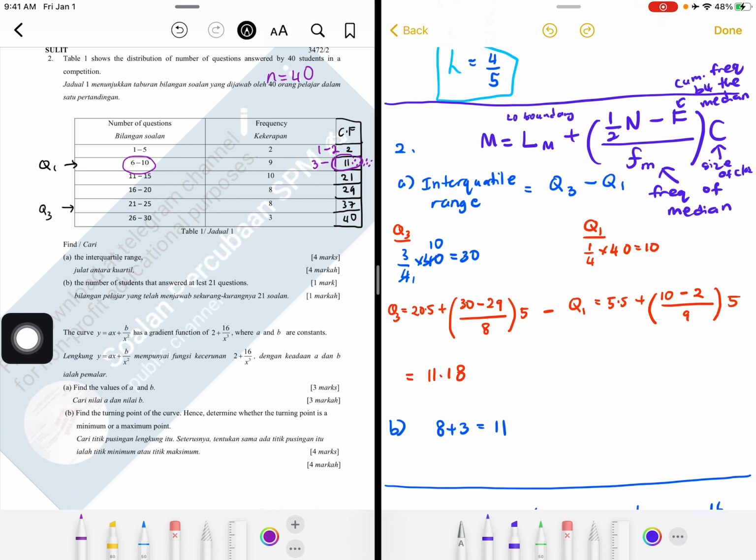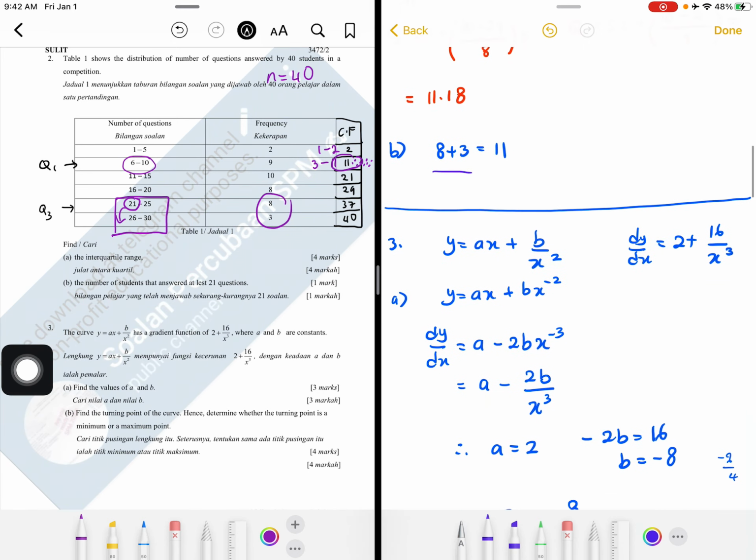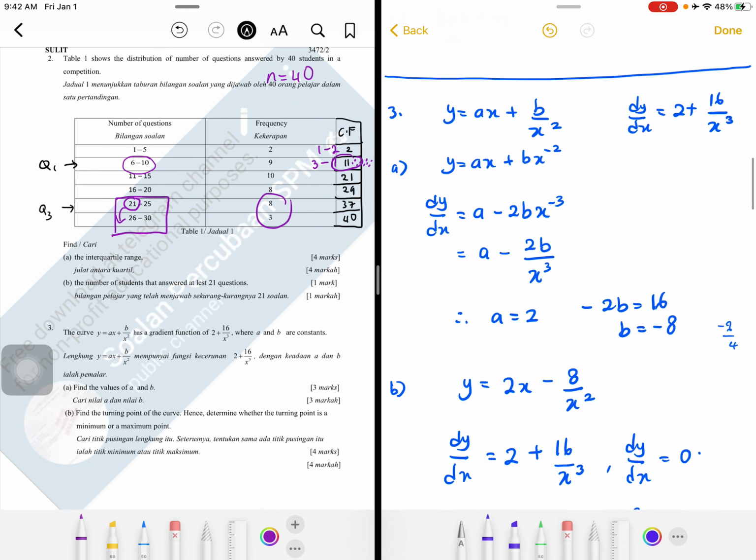So kita tahu bahawa 21 ni started here, 21 dan ke atas. So kat sini lah number of questions dia. So berapa ramai budak? So it's 8 plus 3 which is equal to 11. Okay, easy cheesy. It's just 1 mark. So the jalan kerja, the method will be easier.